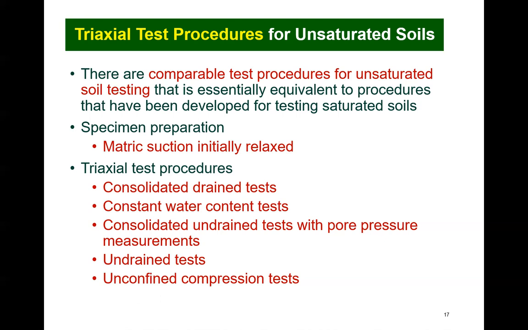Number 3, consolidated undrained tests with pore pressure measurements. Number 4, undrained tests. And number 5, unconfined compression tests. Pore air and pore water pressures must be either measured or controlled throughout the test in order to interpret the results in terms of the stress state variables.